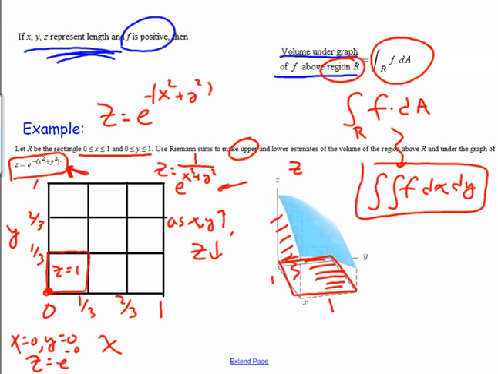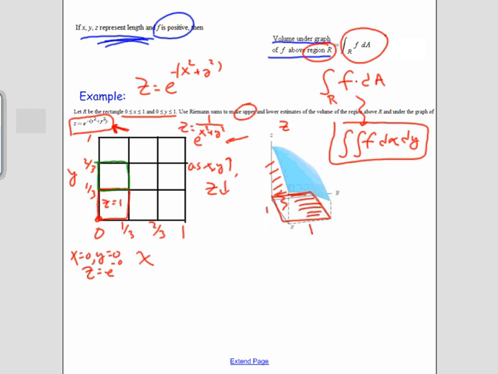And if I look at the next box, like this box here, if I want to make z as big as possible, what I'm going to choose are the smallest x values and the smallest y values. So that's going to occur right here, where x is 0 and y is 1/3. There's no smaller combination on that box.